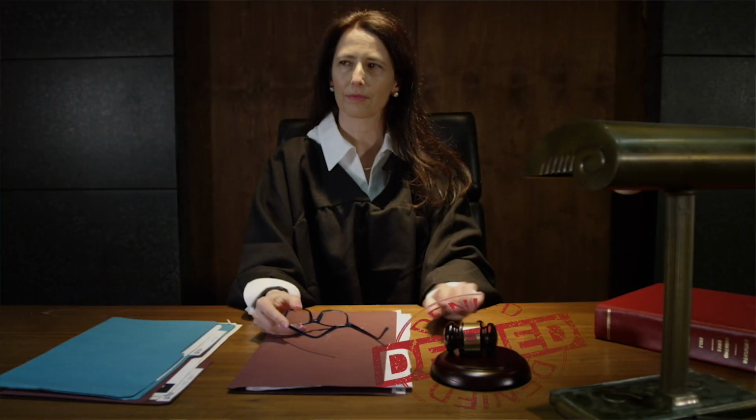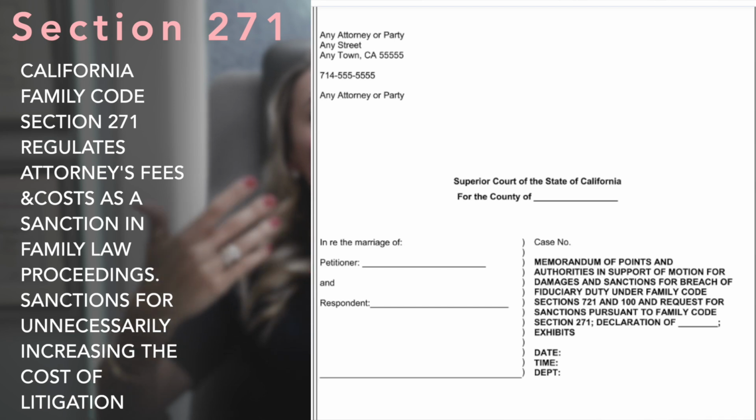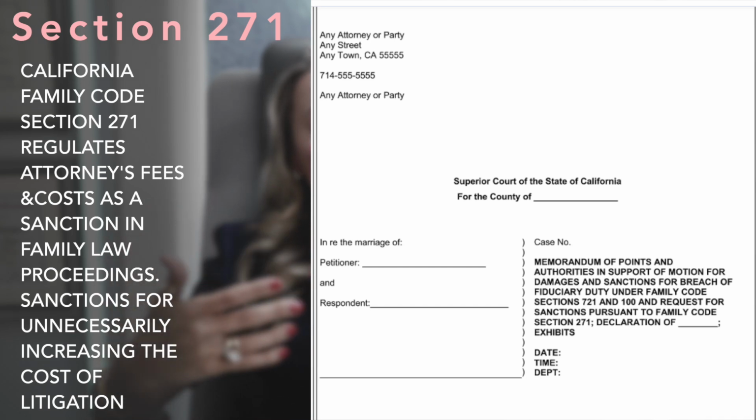So when someone does file a request for order on an emergency basis and it gets denied, the other side is allowed to request so-called Family Code section 271 sanctions for unnecessarily increasing the cost of litigation.